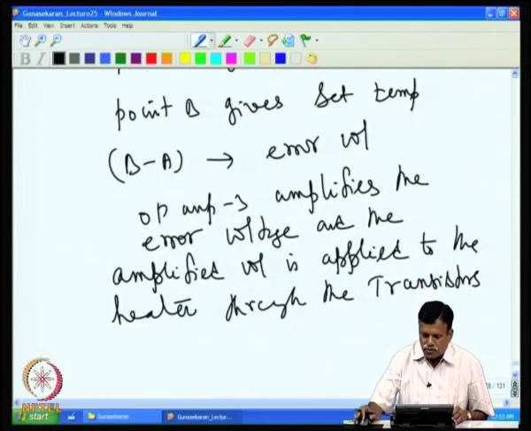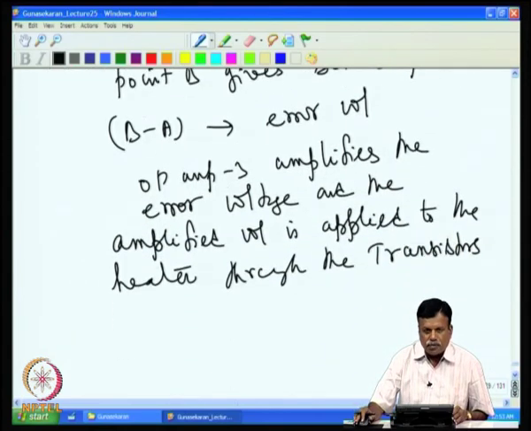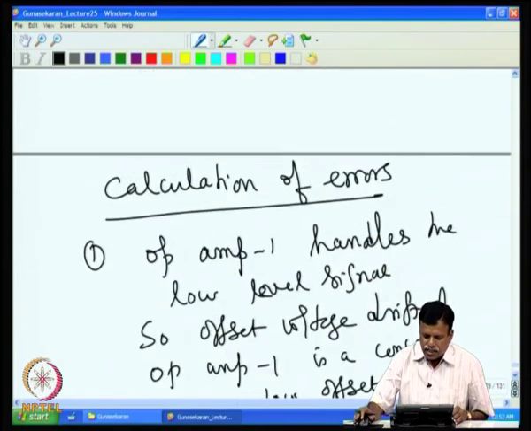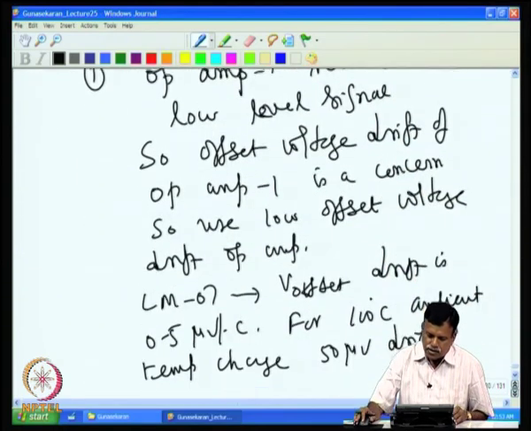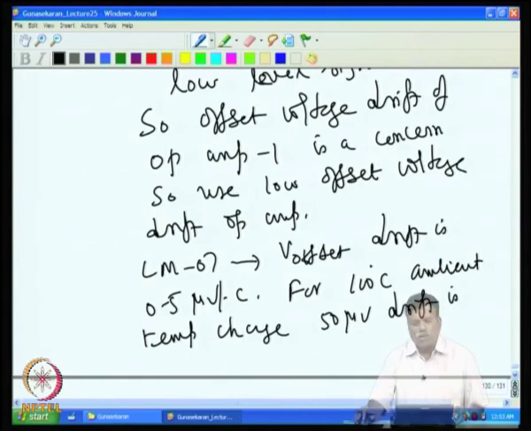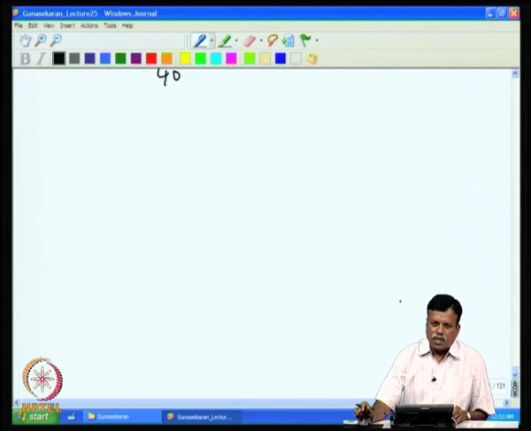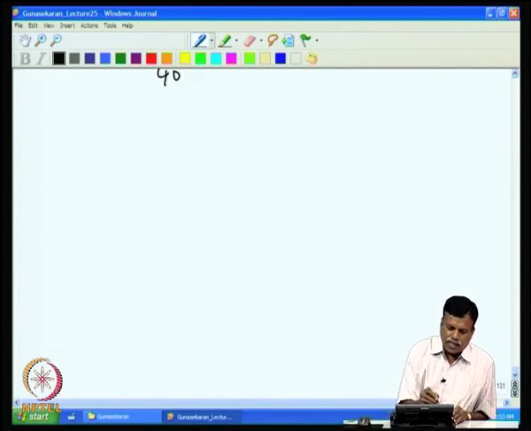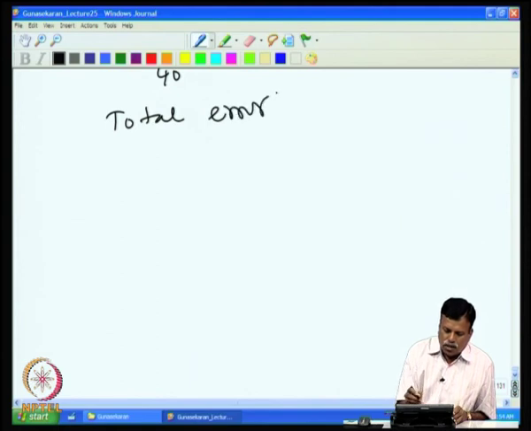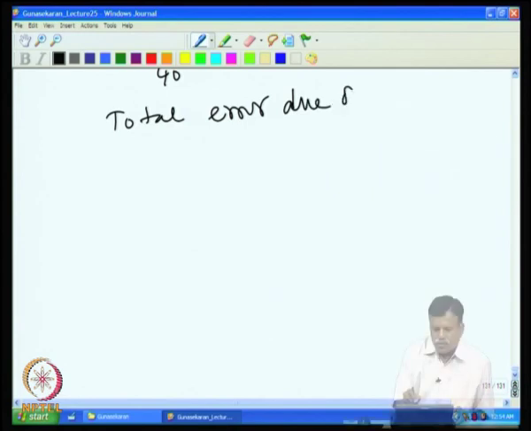So, for example, if I use the upper one as the first stage and if I use 25 gain, then the total error due to offset voltage drift can be calculated. So, we calculate the total error due to offset voltage drift.